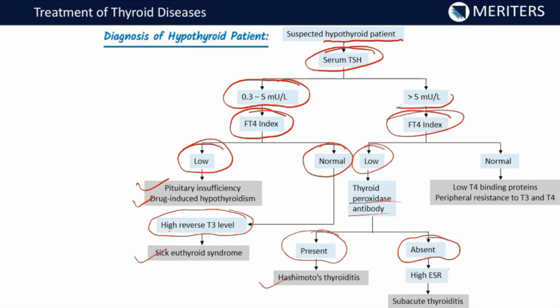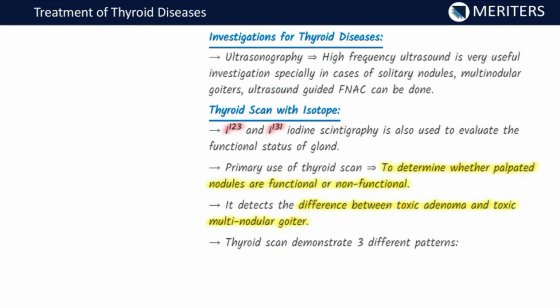If TPO antibodies are absent and ESR is raised, then it's a case of subacute thyroiditis. And if free T4 is normal, then it could be low T4 binding protein or peripheral resistance to T3 or T4.